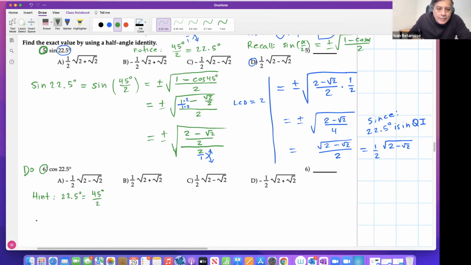Another hint is that cosine of alpha over 2 is equal to plus minus the square root of (1 plus cosine of alpha) over 2. This is plus here, not minus. Minus is for sine; this is for cosine, plus. Use this formula, guys, and follow what I did there. You should end up with something similar. Try to do that.